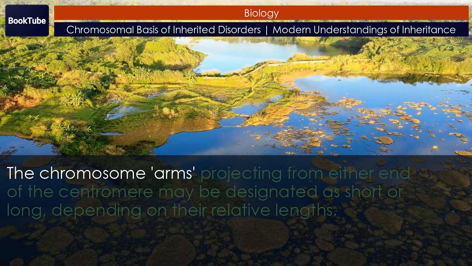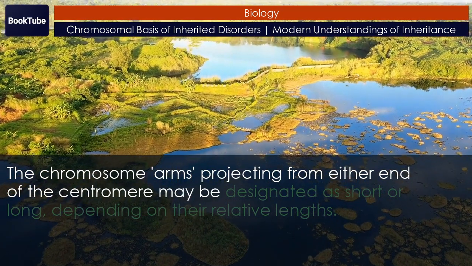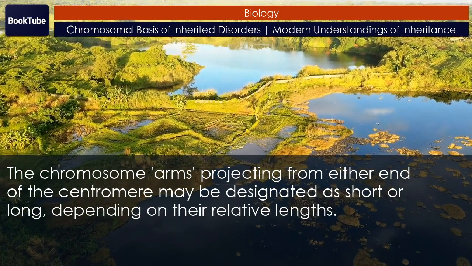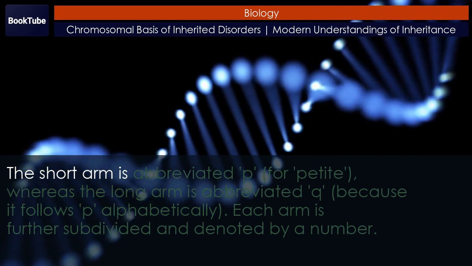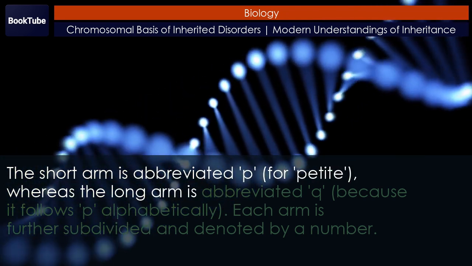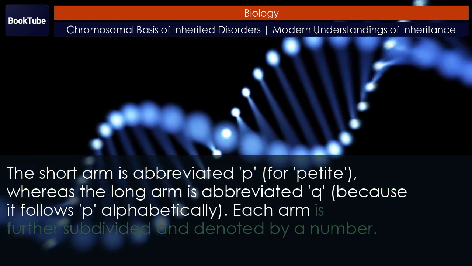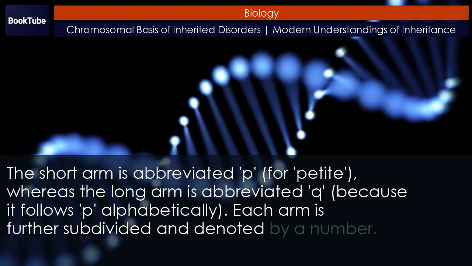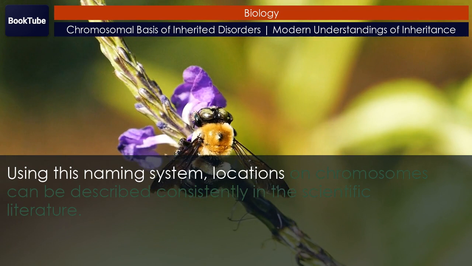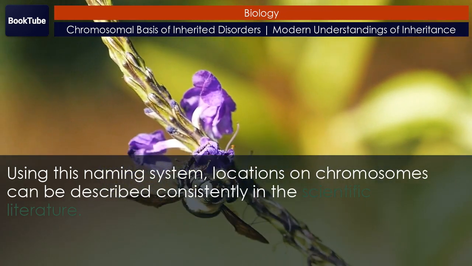The chromosome arms, projecting from either end of the centromere, may be designated as short or long, depending on their relative lengths. The short arm is abbreviated P for petite, whereas the long arm is abbreviated Q because it follows P alphabetically. Each arm is further subdivided and denoted by a number. Using this naming system, locations on chromosomes can be described consistently in the scientific literature.